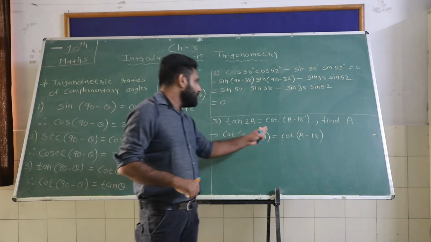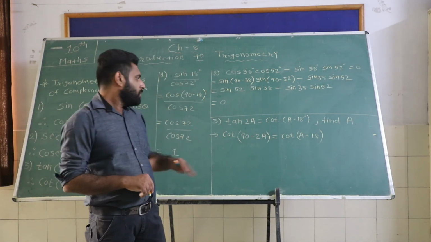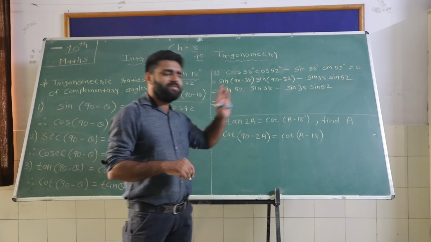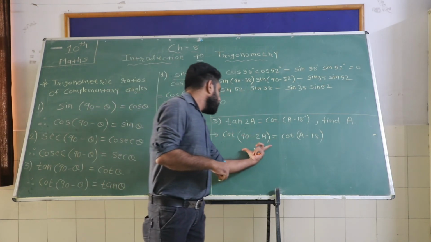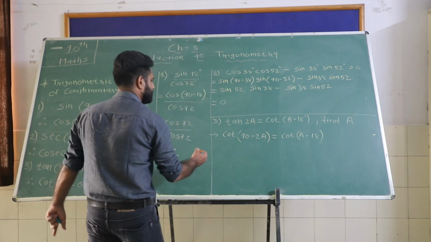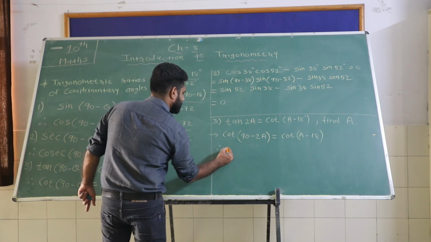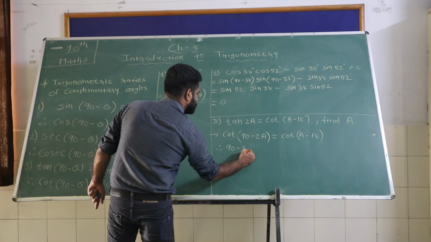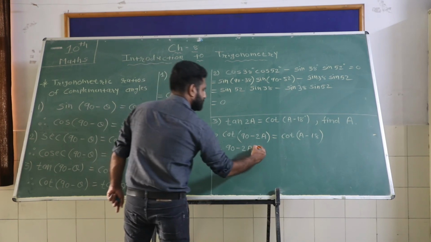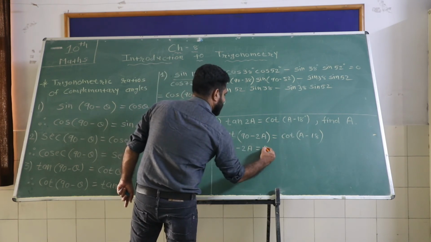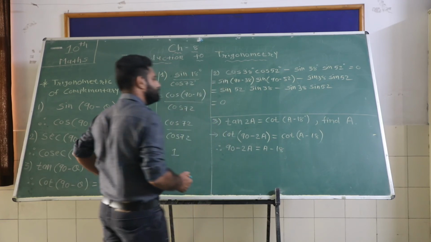Now the equals sign is there and cot is on both sides, so the whole angles are equal. That means 90 minus 2a equals a minus 18.